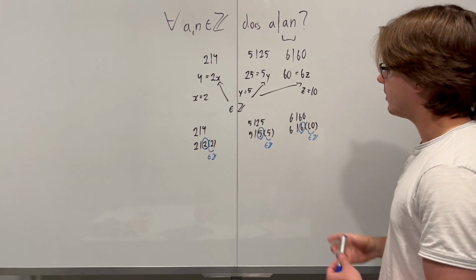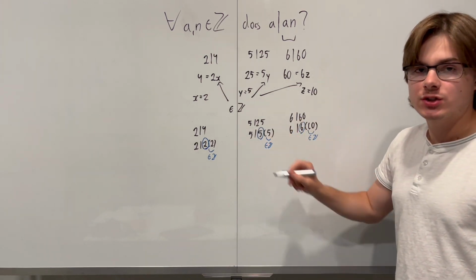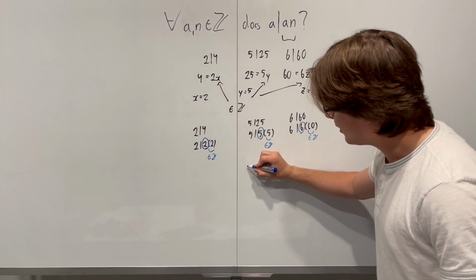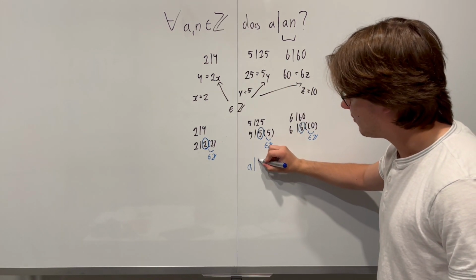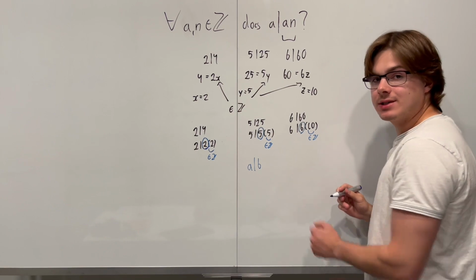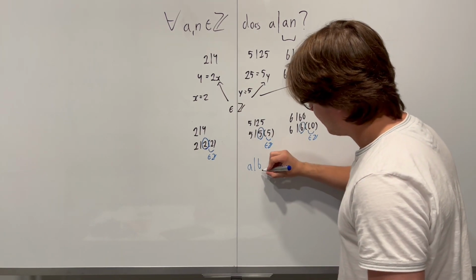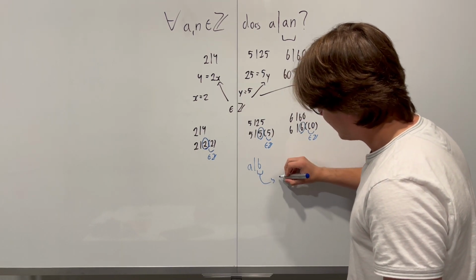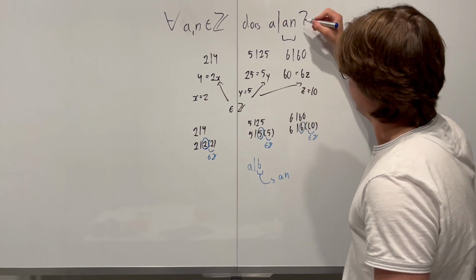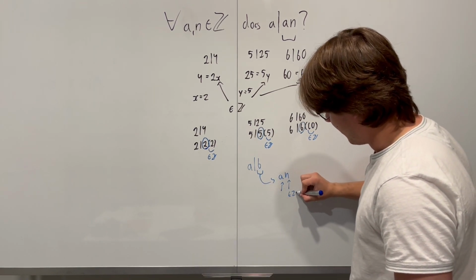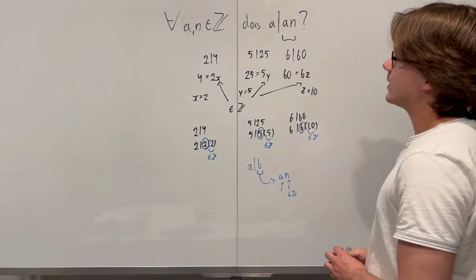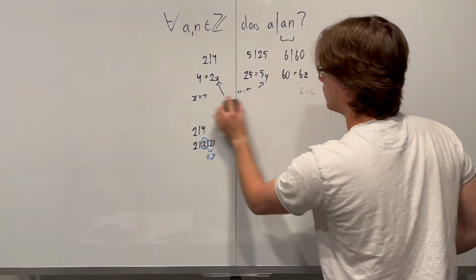So what we're trying to figure out is, is it always going to be true that a is always going to divide b if b can be written as a times n, or what's on the left-hand side multiplied by an integer. That is what we're actually going to be trying to prove.